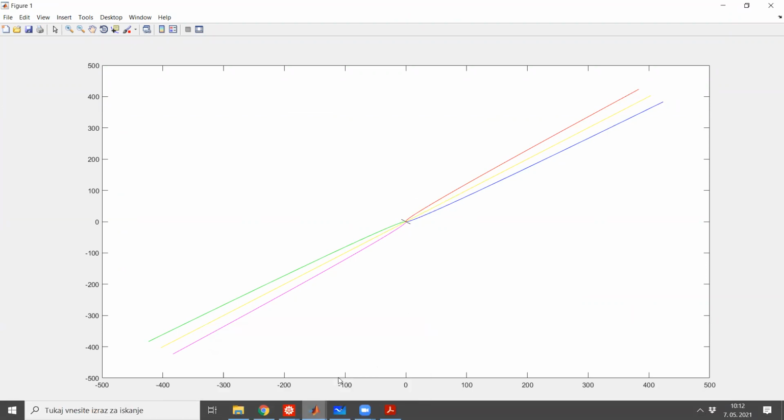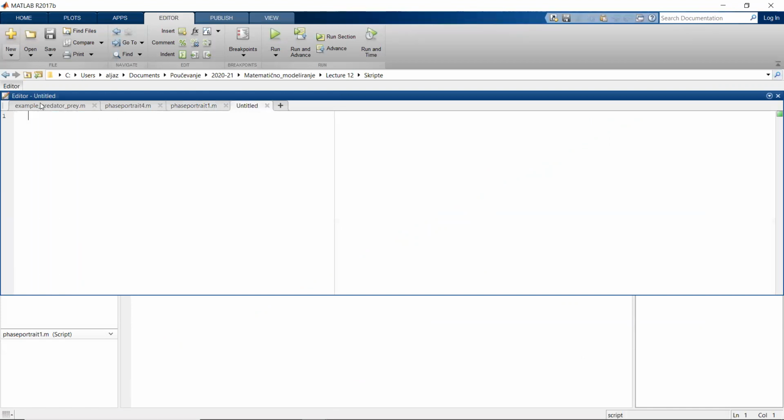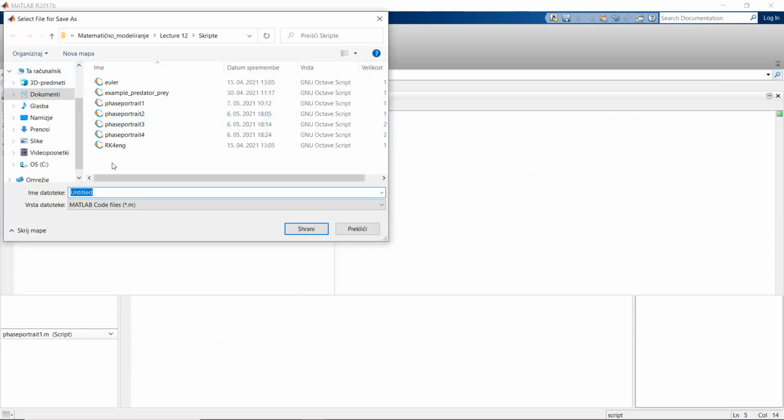So let us do this again. So I will copy this. Save as, let's say, base portrait 5 or 1. Save.